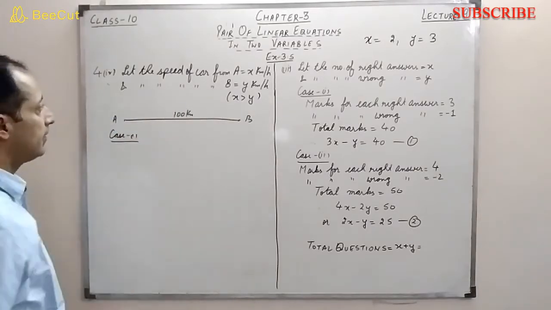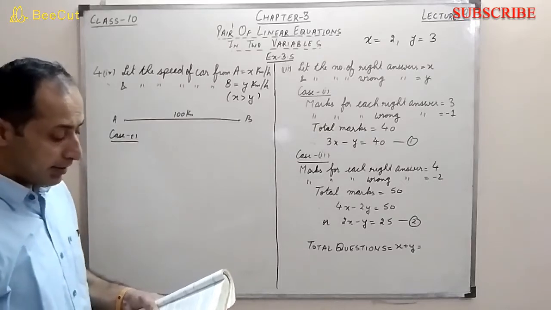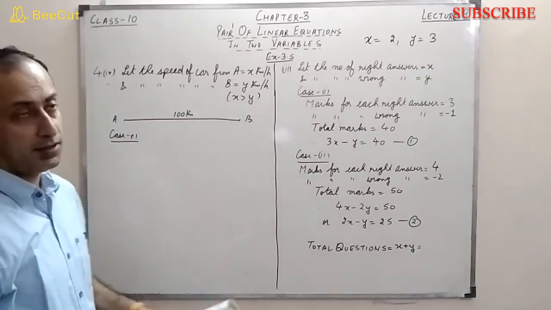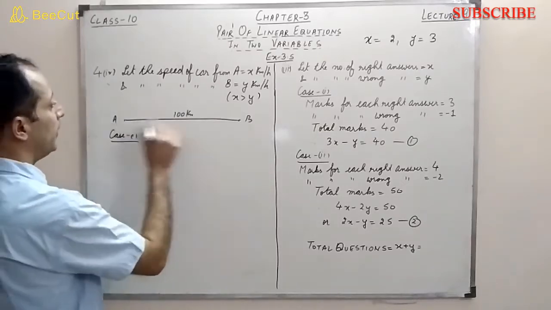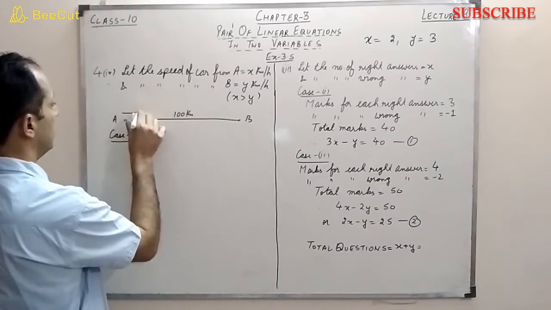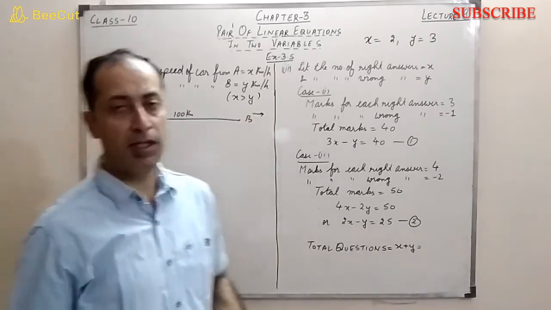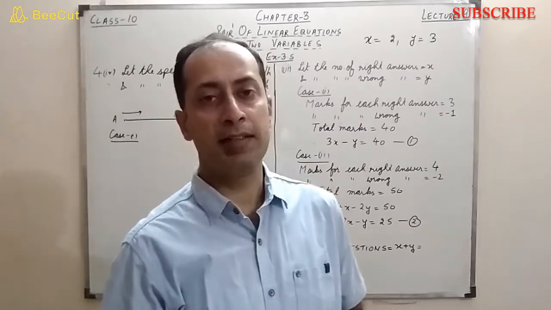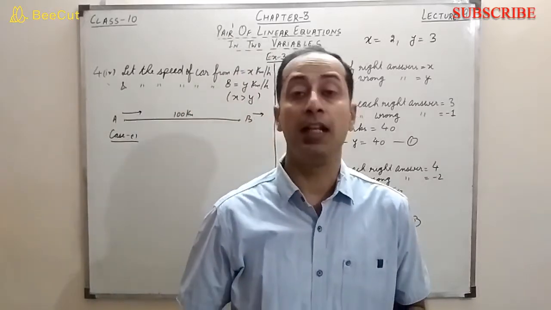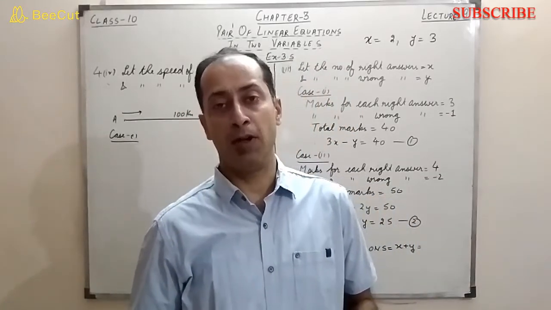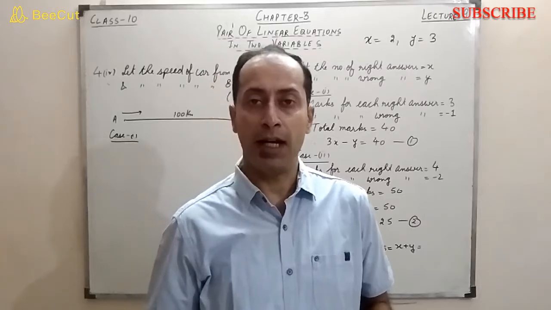Now in case 1, what is the first case given? In the first case it is given that the cars travel in the same direction. It means both of them are moving this way. If you remember from physics, if two things are moving in the same direction, then we find relative speed, that is the speed of one object with respect to the other.